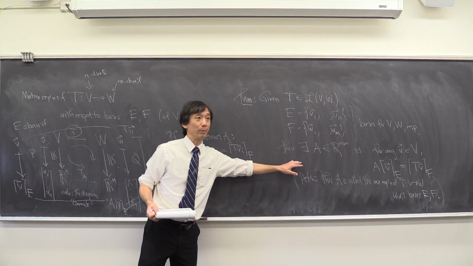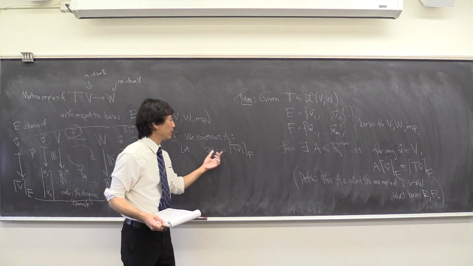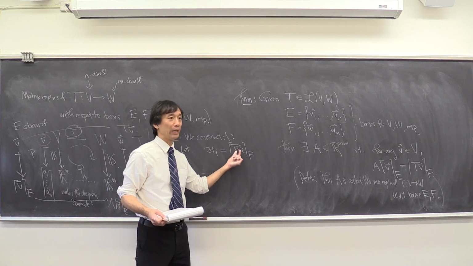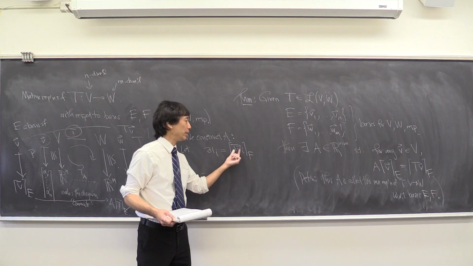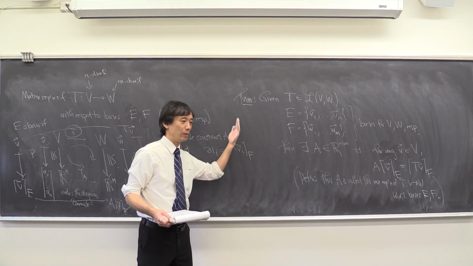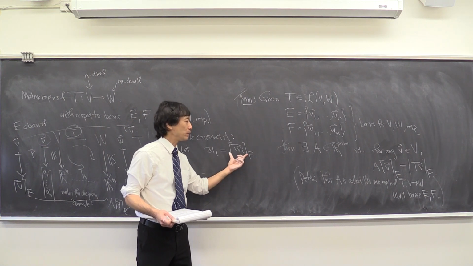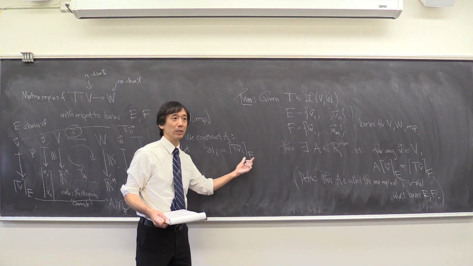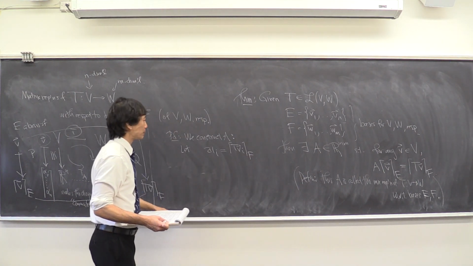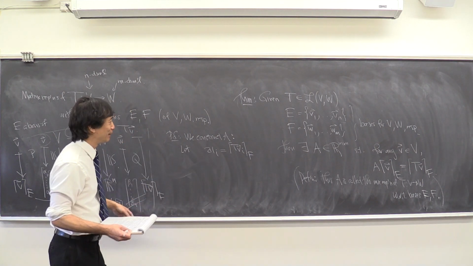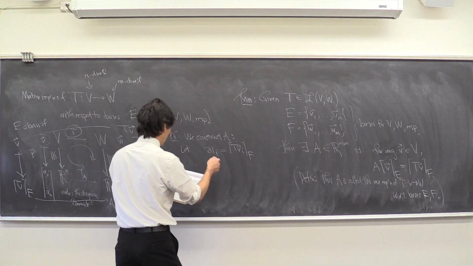This was the mysterious step. The ith column is going to be: you take T of the ith basis element of the domain space and express it as a coordinate vector with respect to the basis of the target space. Okay, that'll do, and that does it.